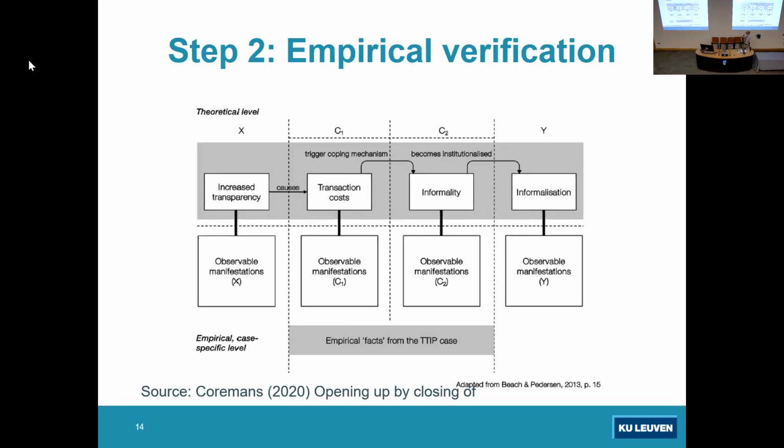This is the example that I gave before, the mechanism of how increased transparency leads to informalization. And then, as Evelien Koremans also did in her article, she looks for observable manifestations, evidence, data, that can support her claim that increased transparency causes transaction costs, for example.